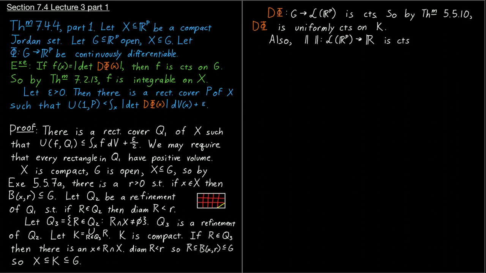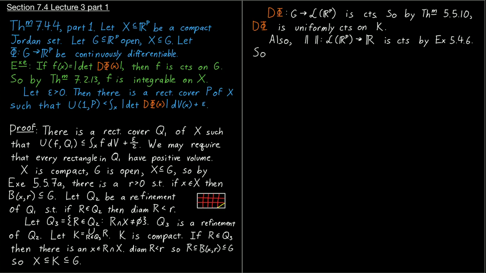You can think of the norm of A as the distance from A to 0, and if you fix a point in a metric space, the distance to that point is continuous by an example we saw back in section 5.4.